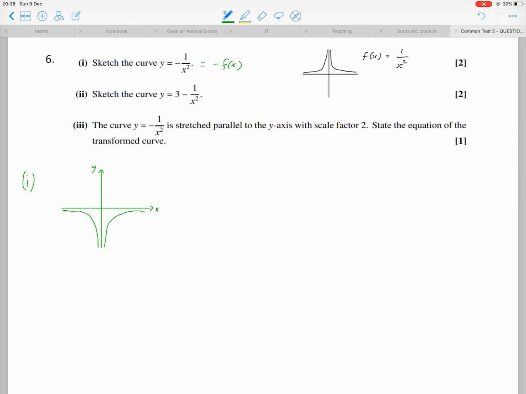Question 2 might be easier to think of as y equals minus 1 over x squared plus 3. So I've just changed the order of the two terms there. We can now think of this as minus f of x, or if we redefine this curve over here, then this is just g of x plus 3. In other words, the answer to question 1 translated up 3 units. So another pair of axes.